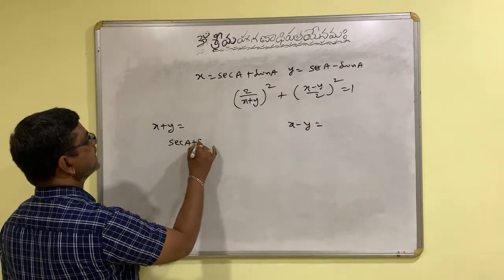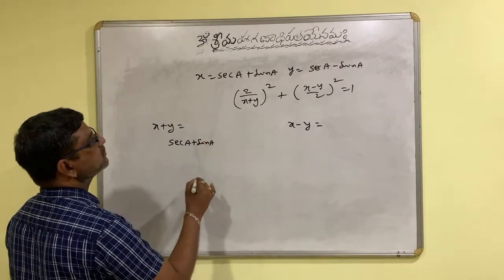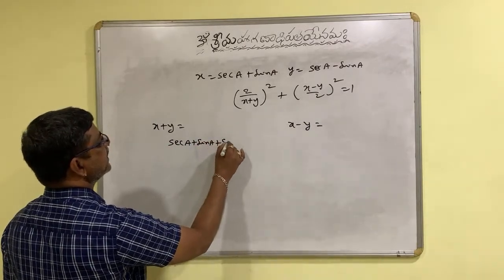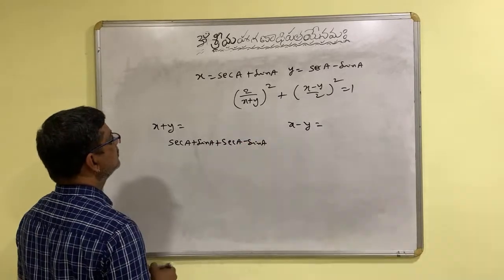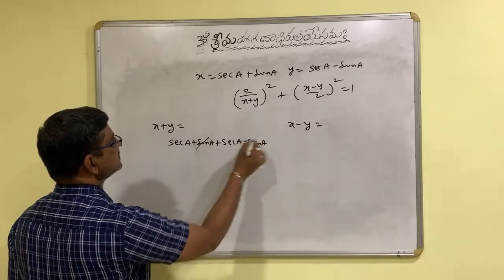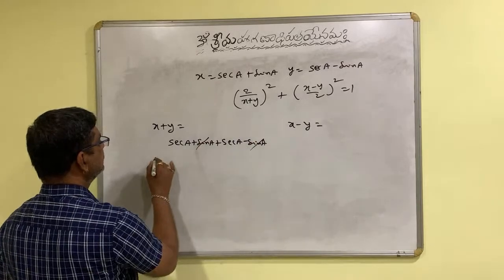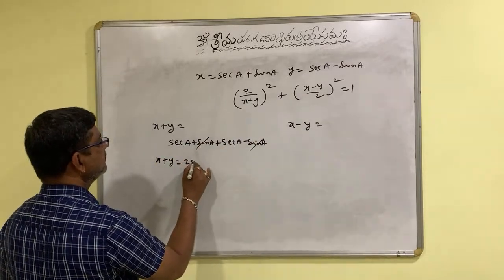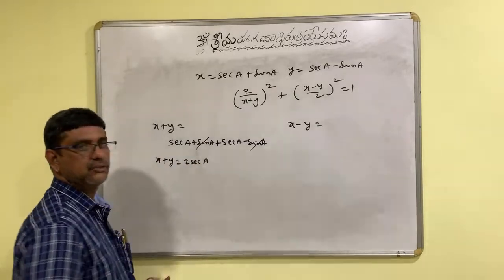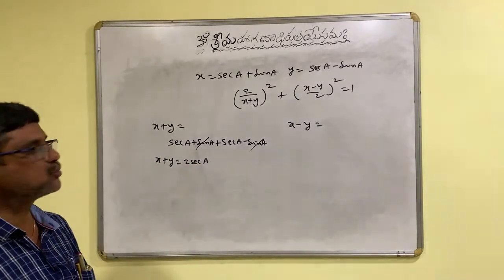Secant A plus sin A, and what is y? Plus secant A minus sin A. So if you see this, plus sin A minus sin A get cancelled. x plus y is equal to secant A plus secant A, 2 secant A.